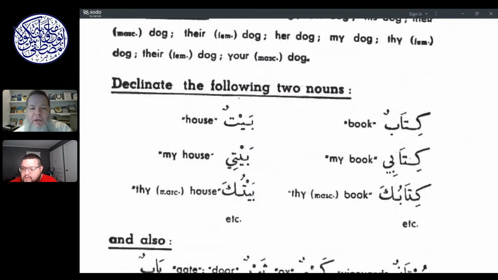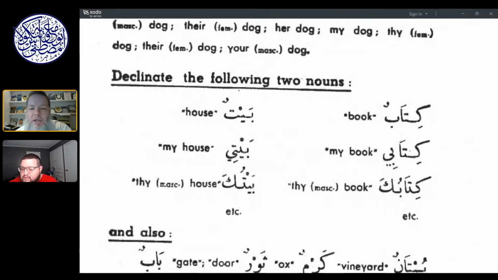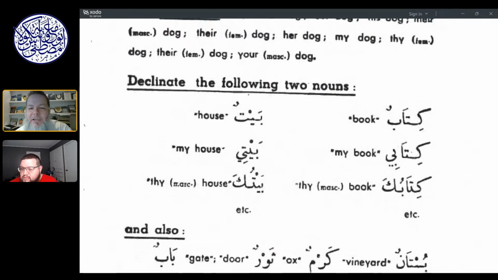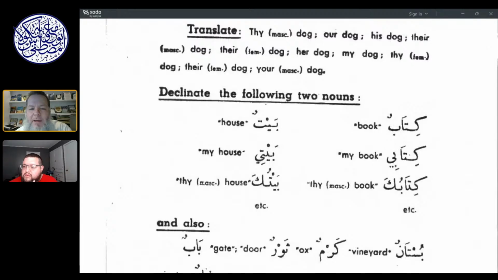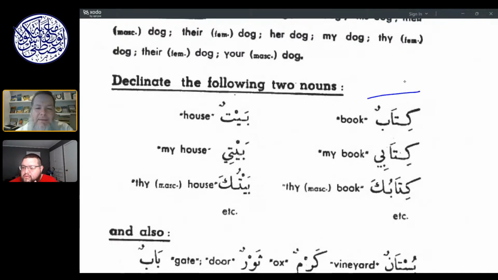They want us to do as homework the same thing on kitab and on bait, right? So I say my house, baiti. Your house, baituka, baituki, baituhu, baituha, baituna.